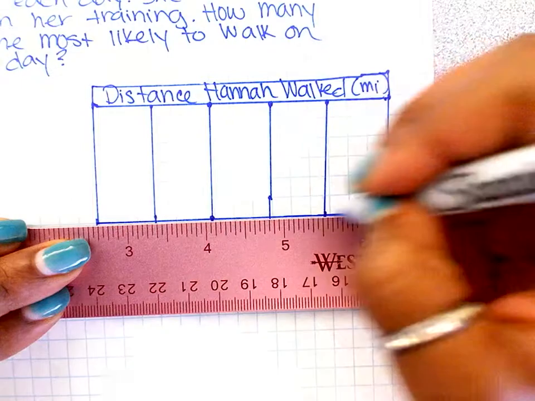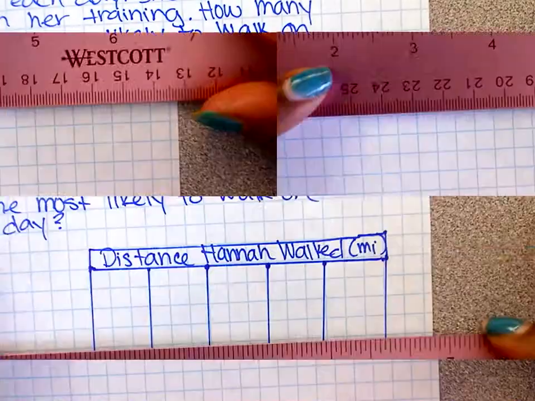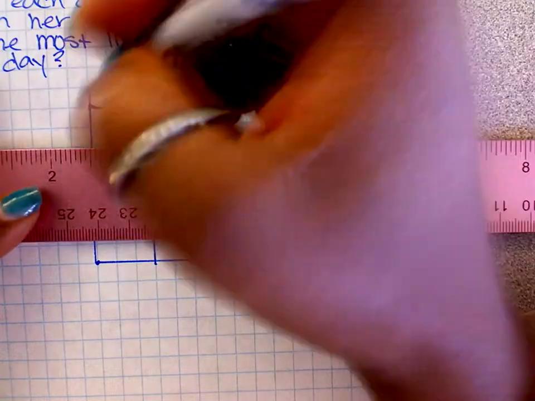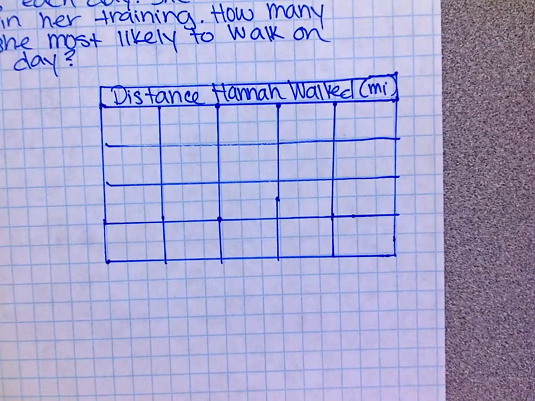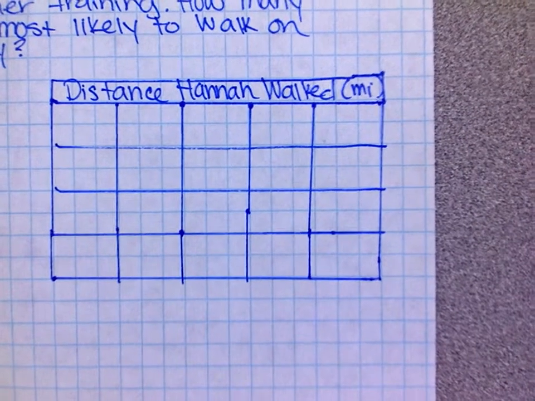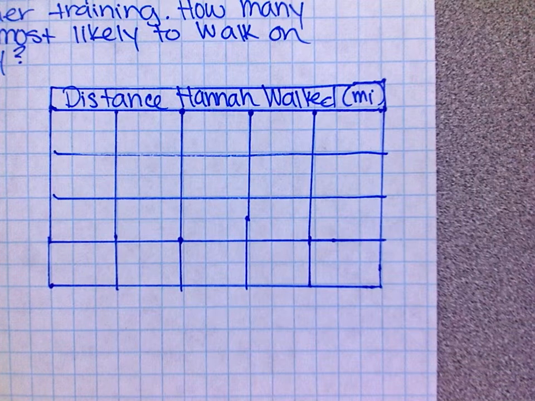So we'll do 1, 2, 3 lines to make 4 rows. Just like that. So altogether you should have about 20 boxes.